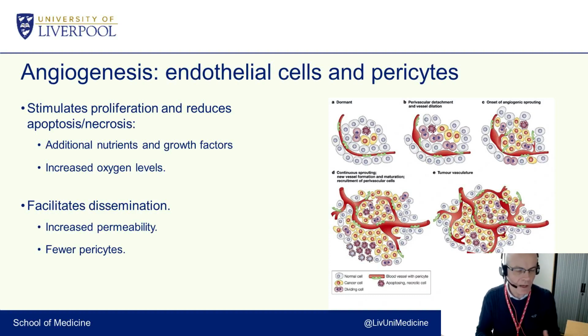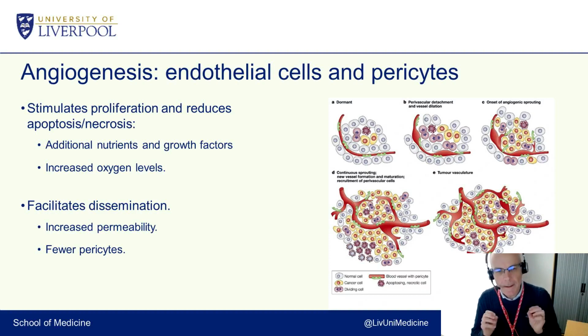And so you then get the development of a tumour vasculature, which is not like a normal mature vasculature. They tend to be leaky and so on. They're not particularly good vessels. But it's very important in terms of making sure the tumour has the nutrients and access to growth factors and oxygen and so on to be able to survive.